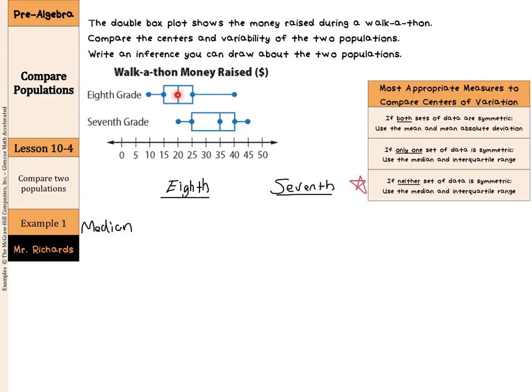And so when we look for the median of the 8th grade, that's going to be 20. And if I look for the median of the 7th grade, that's going to be 35.